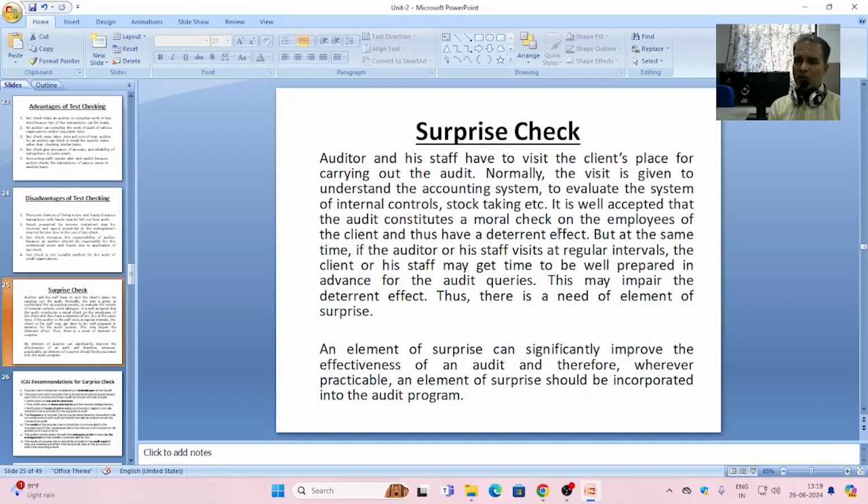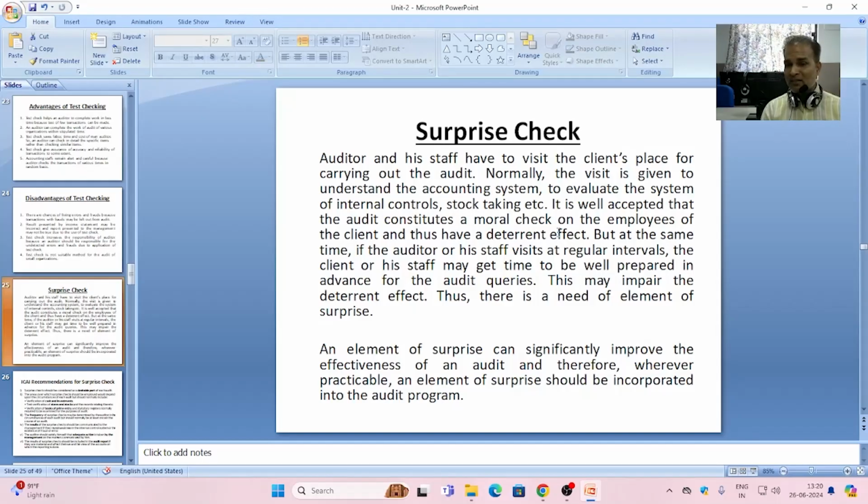Normally the visit is made to understand the accounting system, to evaluate the system of internal control existing in the client business, stock taking, etc. It is well accepted that the audit constitutes a moral check on the employees of the client and thus has a deterrent effect. But at the same time, if the auditor or his staff visit at regular intervals, the client or his staff may get time to be well prepared in advance for the audit queries. This may decrease the deterrent effect.